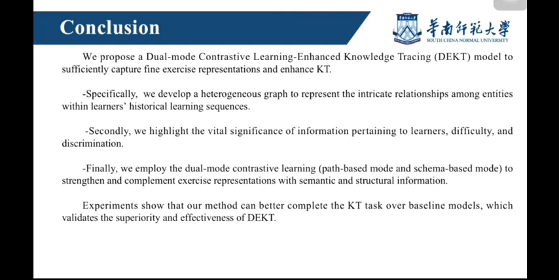Specifically, we developed a heterogeneous graph to represent the intricate relationships among entities within learners' historical learning sequences. Secondly, we highlight the vital significance of information pertaining to learners' difficulty and discrimination.